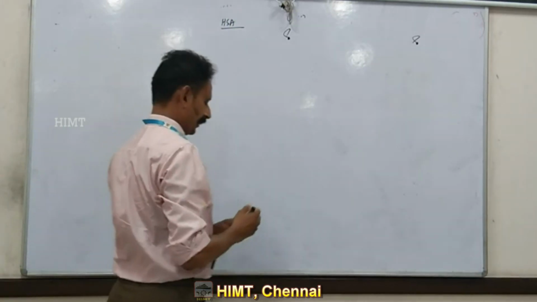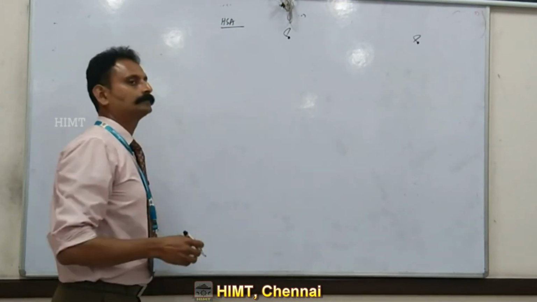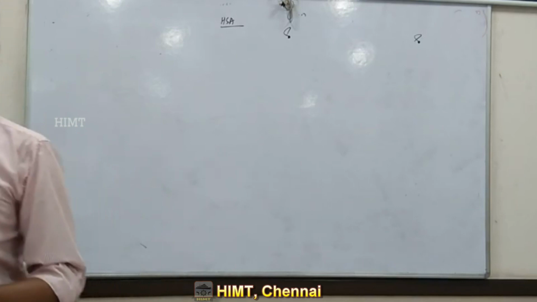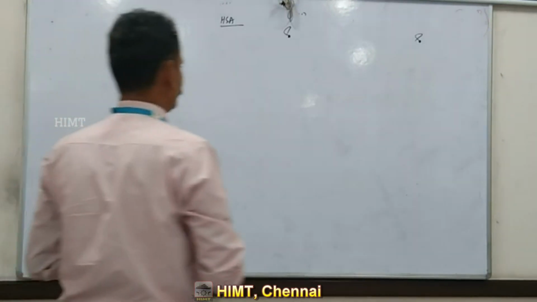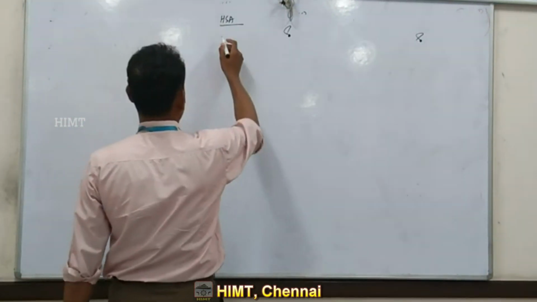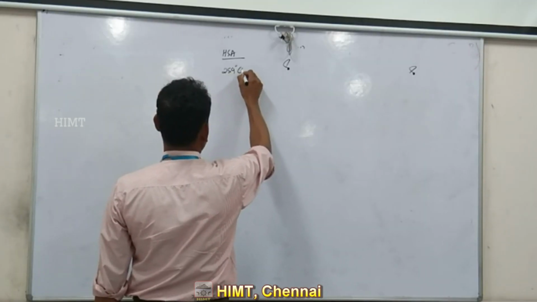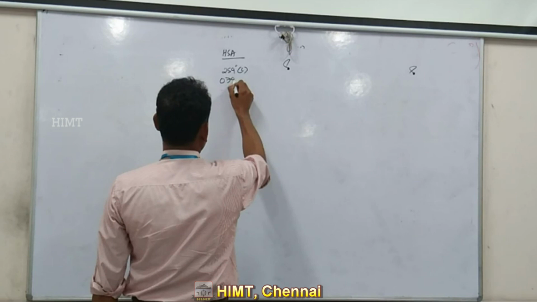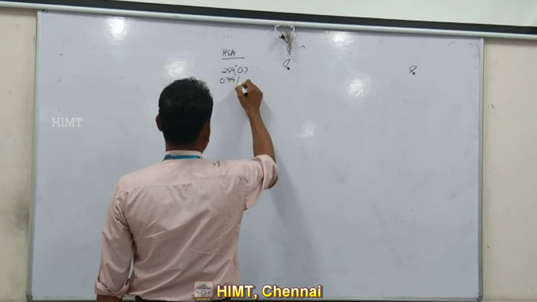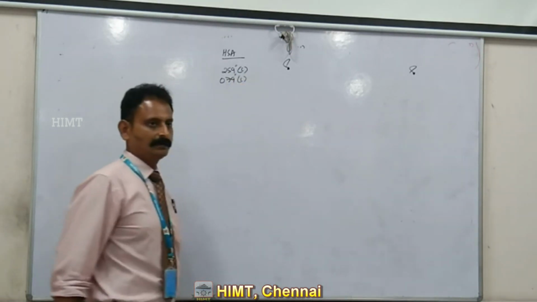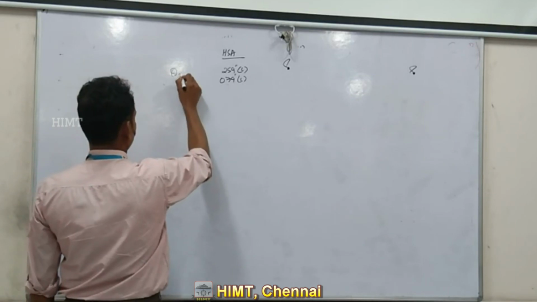Now tell me what is the theta? What is the theta between the two lighthouses? What is the compass bearing? 159 and 07. So what is the difference, theta? 180.